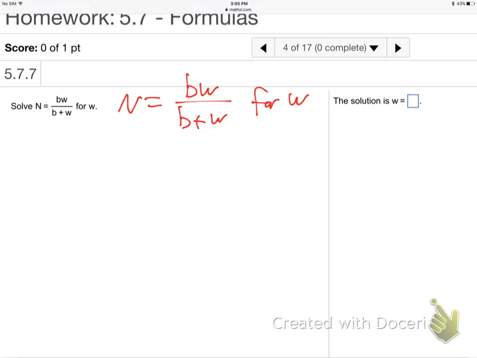This over 1, diagonal, diagonal. Good up to there?